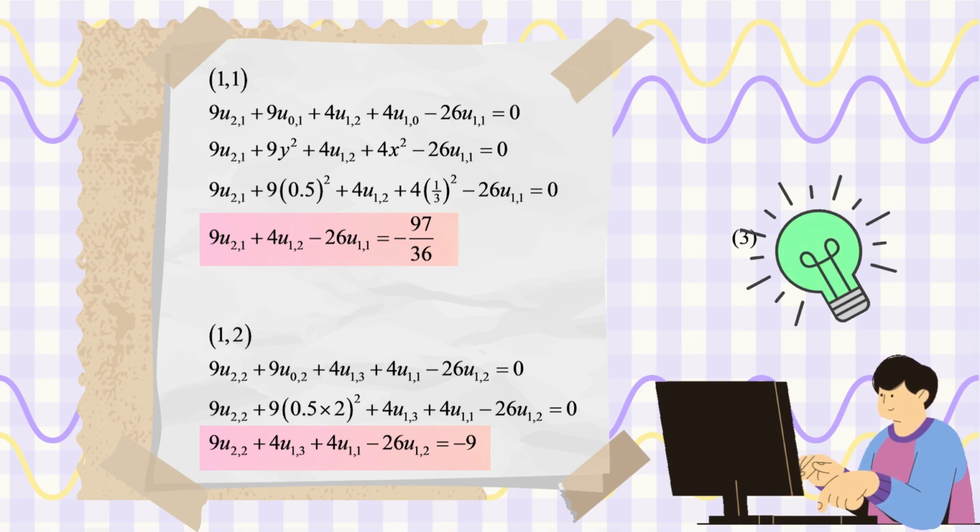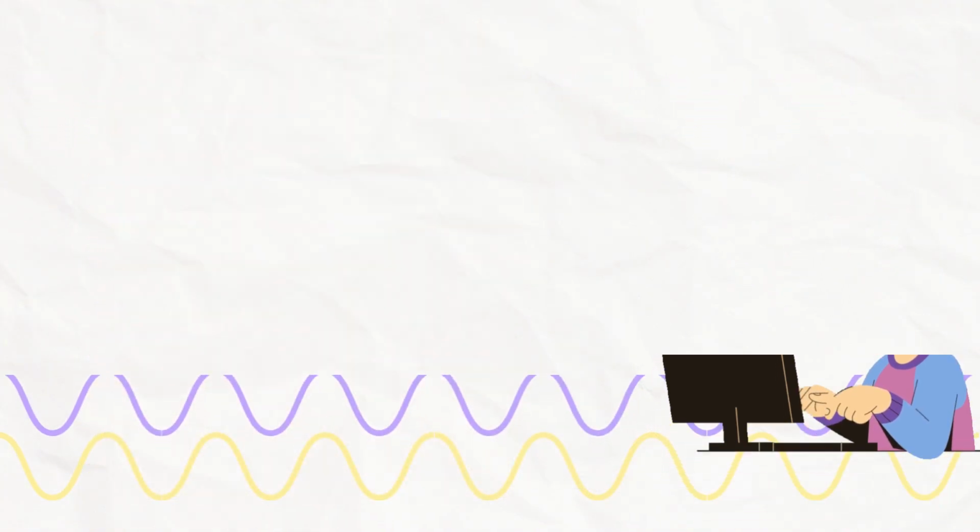Note that u03 and u10 are substituted with initial conditions. The same will be done for the other nodes, which are nodes 11, 12, 13, 21, 22, and 23. And for node 12, we have 9u22 plus 4u13 plus 4u11 minus 26u12 equals -9.